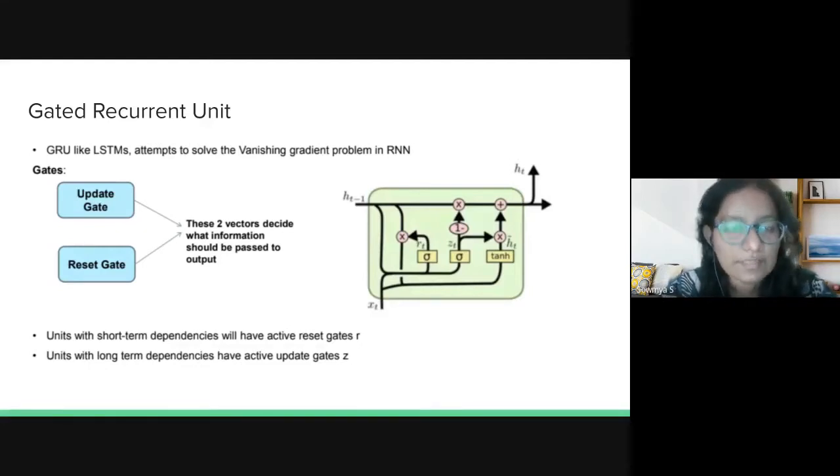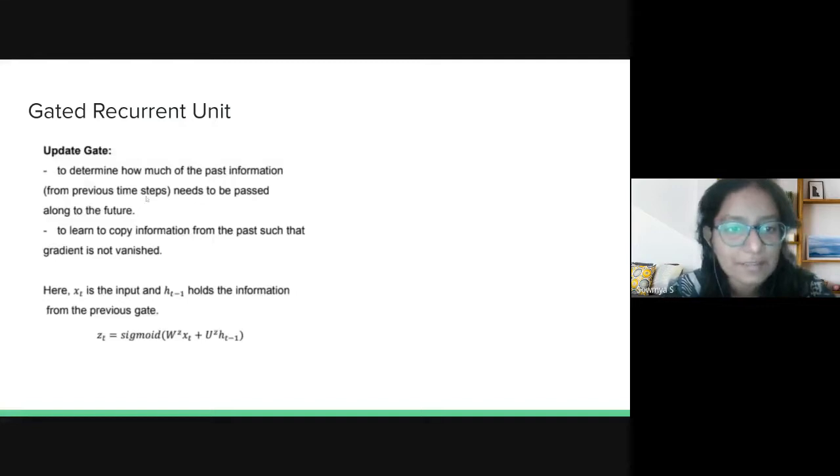So the gated recurrent unit is actually a simpler version of the LSTM. There are two gates, update gate and reset gate. So this means one of the gates is missing. I am not able to make out which one from the LSTM. So yeah, when we see the thing, I'll understand.